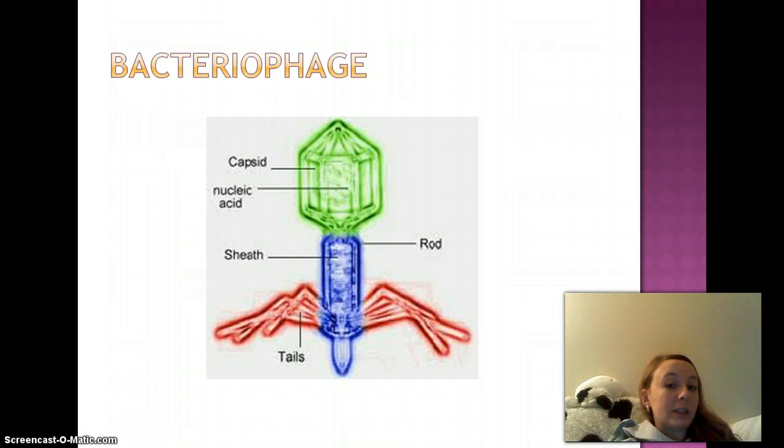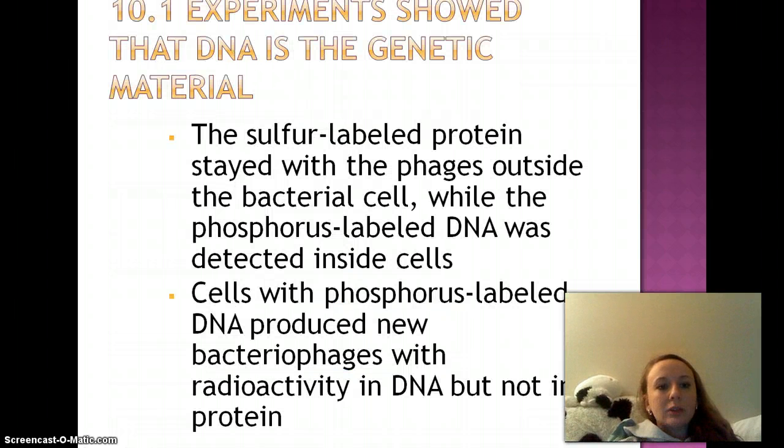We know they inject DNA, but Hershey and Chase were still learning this. So they did this experiment to determine whether this virus shoves in protein or shoves in DNA, because that was the big question. So what the experiment showed is that the sulfur-labeled protein stayed outside of the bacteria cell, while the phosphorus-labeled DNA was seen inside that bacteria cell.